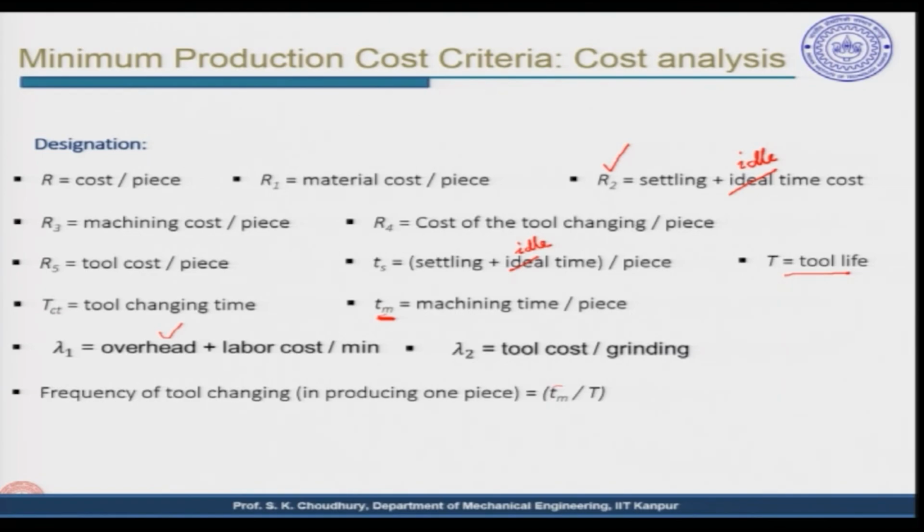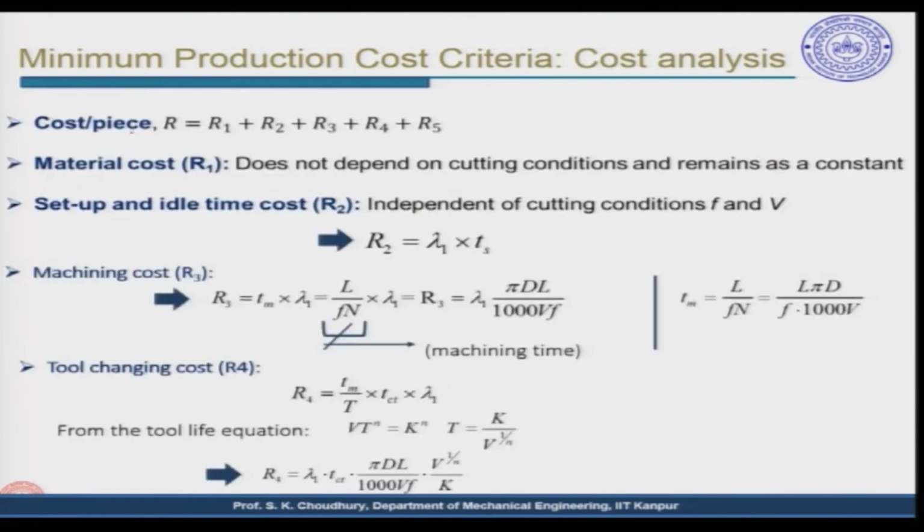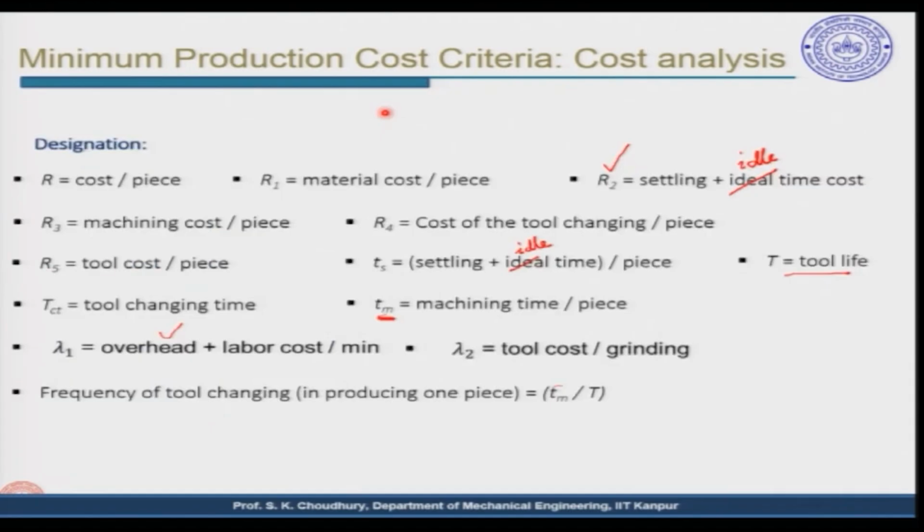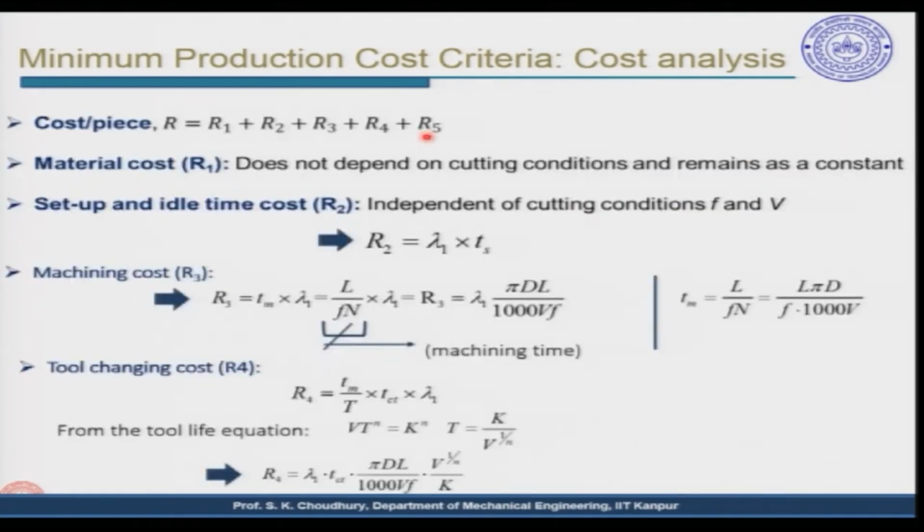With these designations, now we have the cost per piece R. This will be equal to the raw material cost, plus the settling plus idle time cost per piece, plus the machining time cost per piece, plus R4, the tool changing cost per piece, and the tool cost per piece. So, all these costs are to be considered for calculating the overall cost per piece, all right.